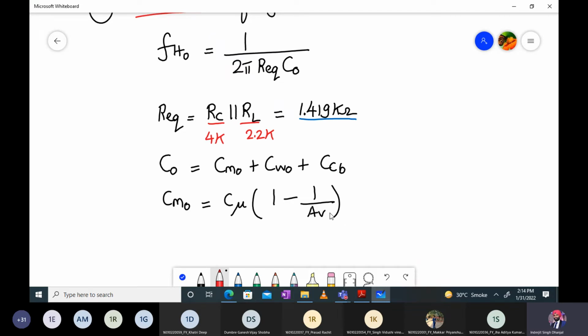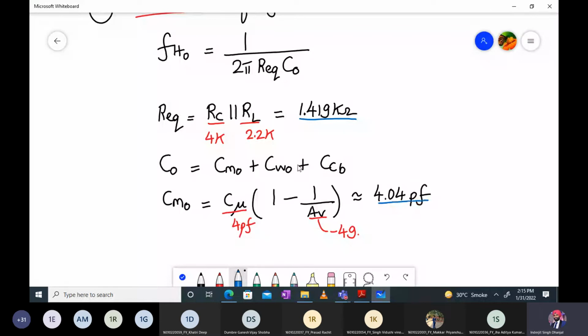So CMO, if you calculate, C mu is 4 picofarad and AV value is minus 49.56. CMO is coming close to 4.04. I told you this, it will come close to the C mu value only. So that's what we are getting.